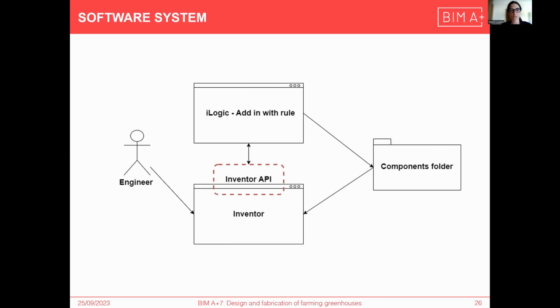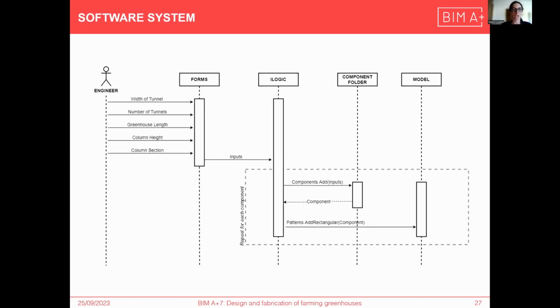And it is done through the code that has three components. First one is Inventor, which is used as an authoring tool and has the iLogic add-in that is used for writing Visual Basic code that communicates with the Inventor API. And the third component is the component folder, which stores all the part files and some assemblies that are used in generating a model.